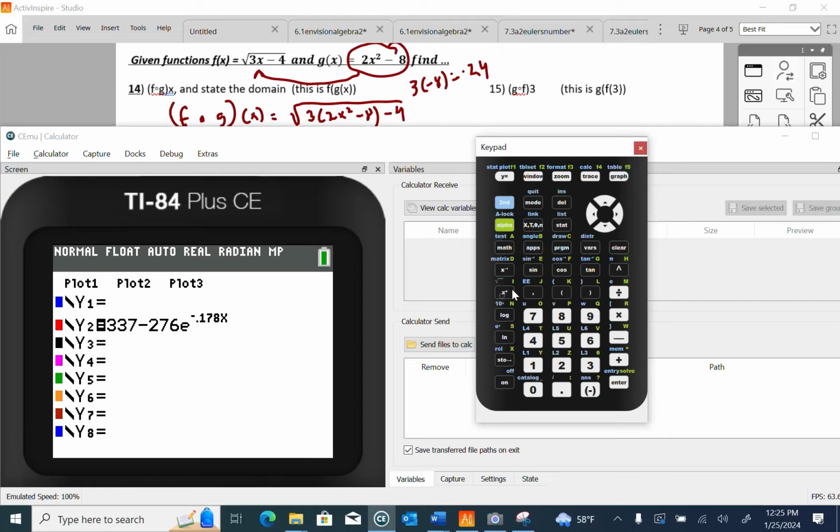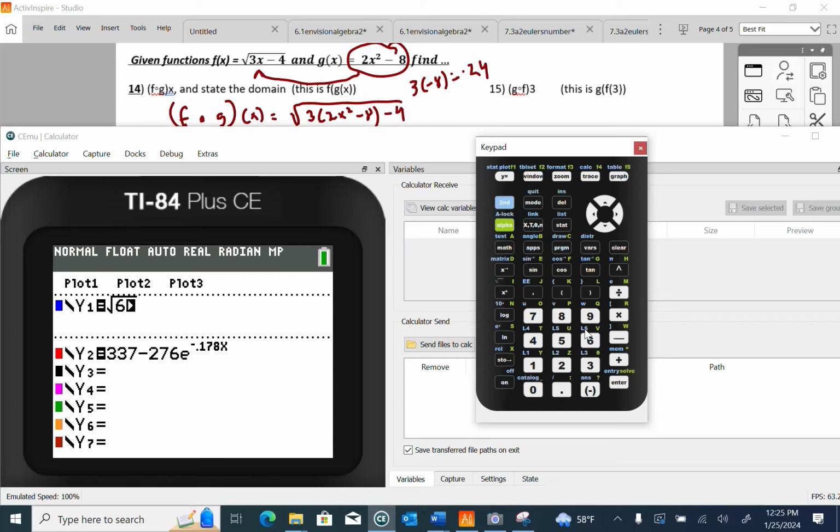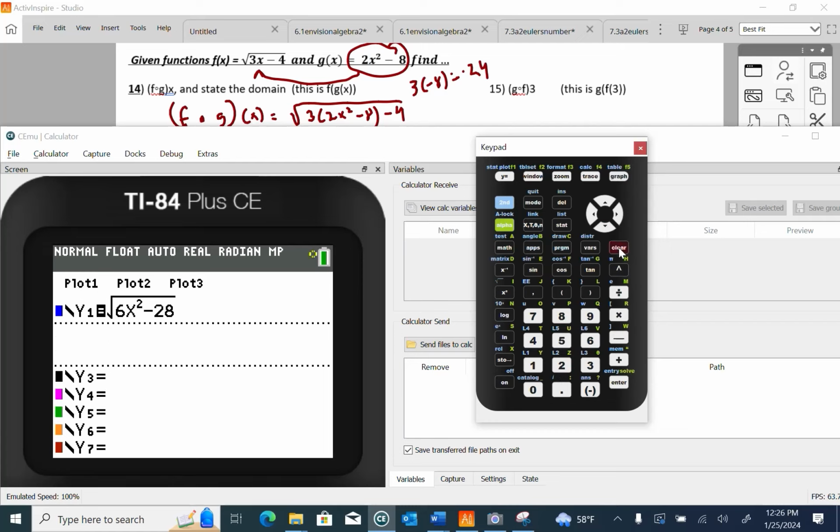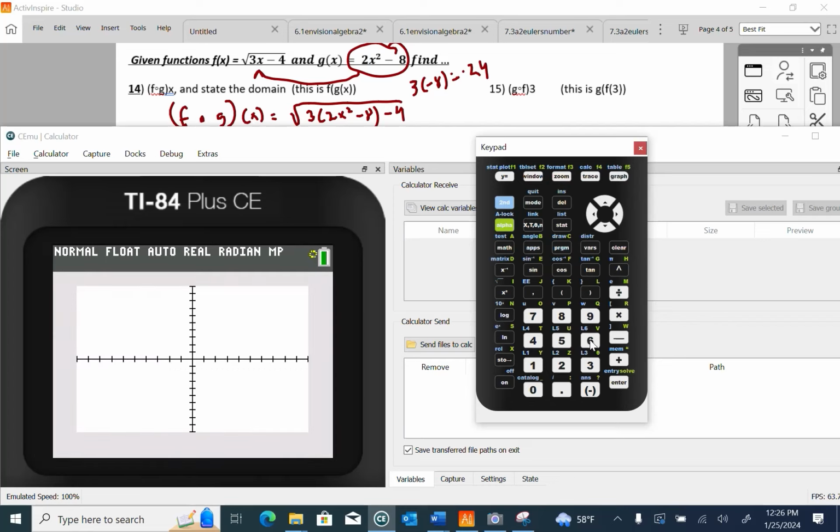Square root. Okay, I'll use my keypad over here since that little touch screen's not working. By the way, looking at graphs is a great way to think about domain. Should see a semicircle show up if... Oh, nope, I got this one right.